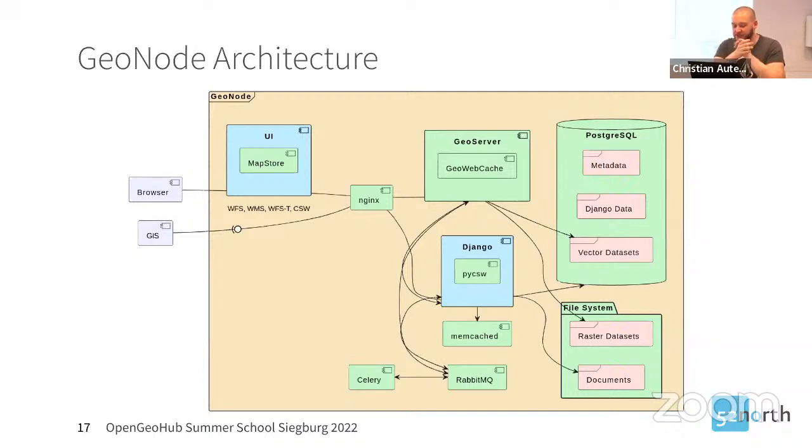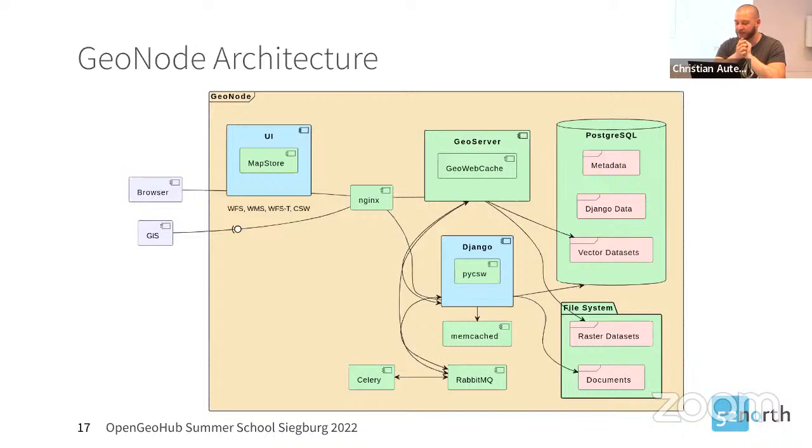And between that, some components for, let's say, fitting all this together. So we have an Nginx for serving data, for serving static content. We have Celery for asynchronous tasks, for repeated tasks, and so on. We have RabbitMQ to communicate between these components, some caching with Memcache or GeoWebCache.